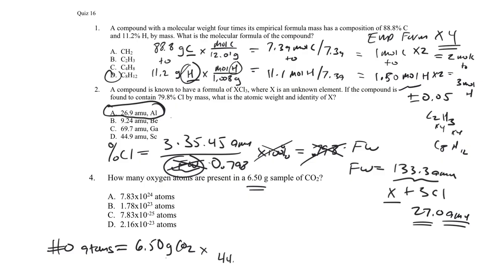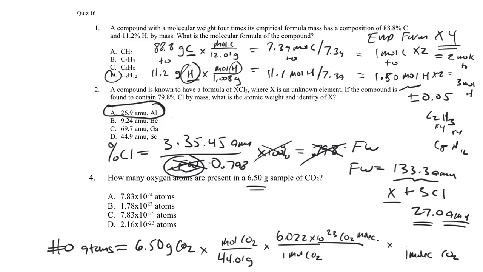So it's 44.01 grams per mole of CO2. Just 12 plus 16 times 2. For every 1 mole of CO2, that would be an Avogadro's number of CO2 molecules. Every molecule of CO2 has 2 O atoms within it. So I'm just inspecting the formula, 2 O atoms per molecule of CO2.